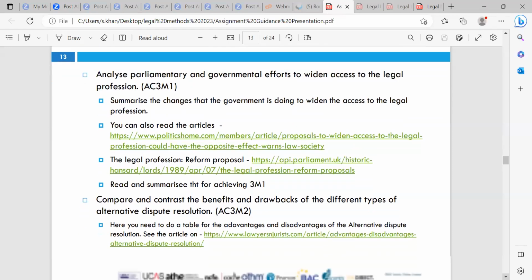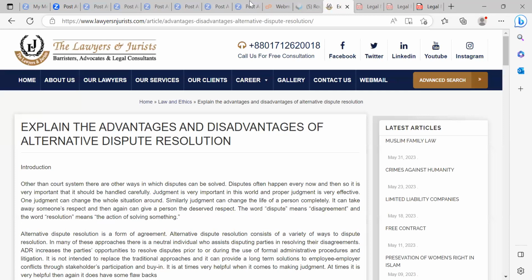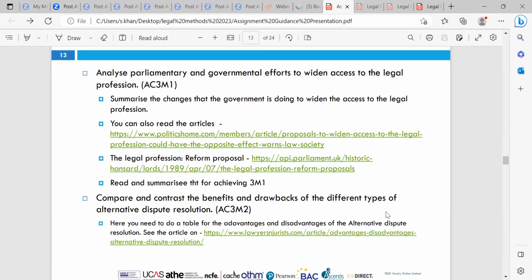You need to read and summarize this for achieving 3M1. I should read the articles and summarize it. Yeah. So these articles are there, the lawyers and jurists, okay? So you need to go back to these articles and have a look at them. And you need to read them and summarize them for achieving 3M1.